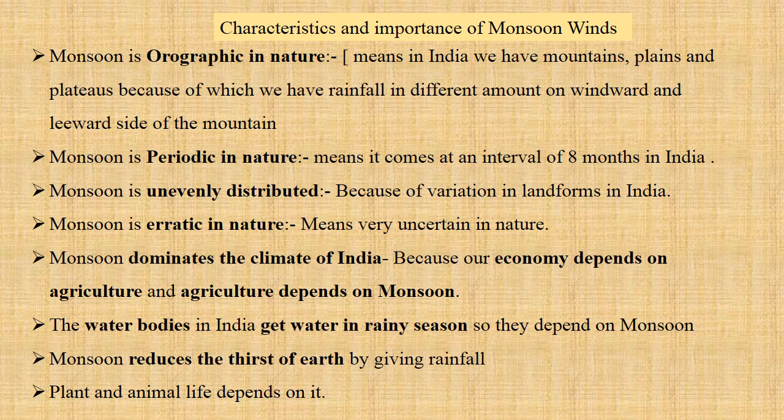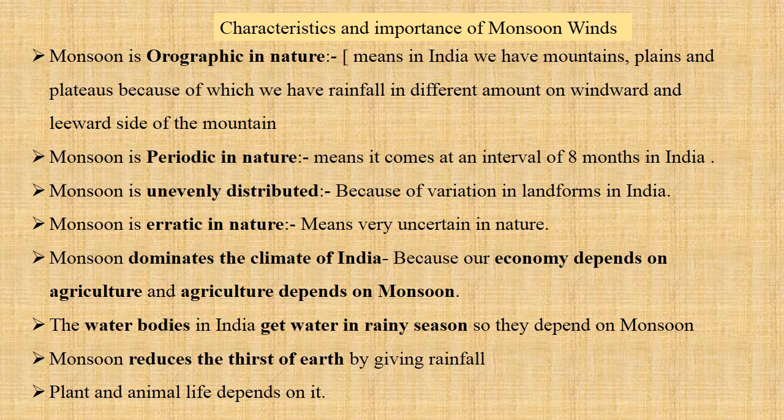Monsoon is erratic in nature. The meaning of erratic is monsoon is very uncertain in nature. We cannot guarantee that every year the monsoon will begin in the same period, or that every year monsoon will give heavy rainfall.